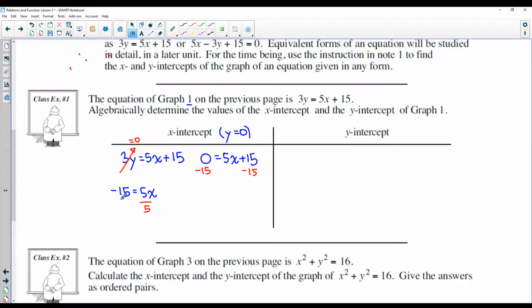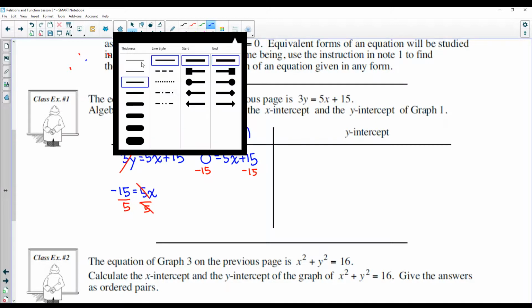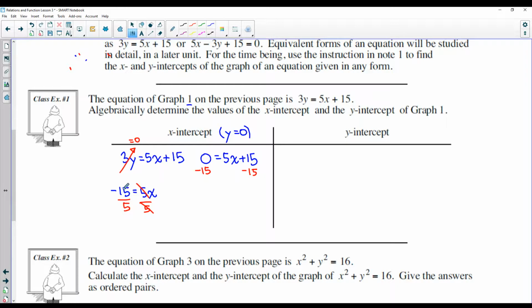The 5 and the 5 cancel off, and that leaves you with -15 divided by 5, which is -3. It's better to write the variable first, so we'd write down x is equal to -3.